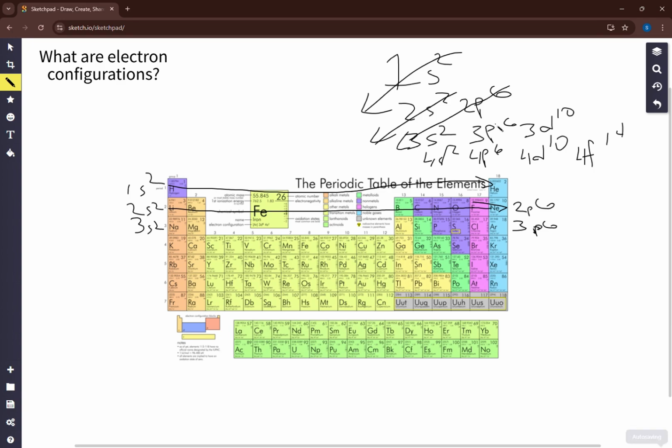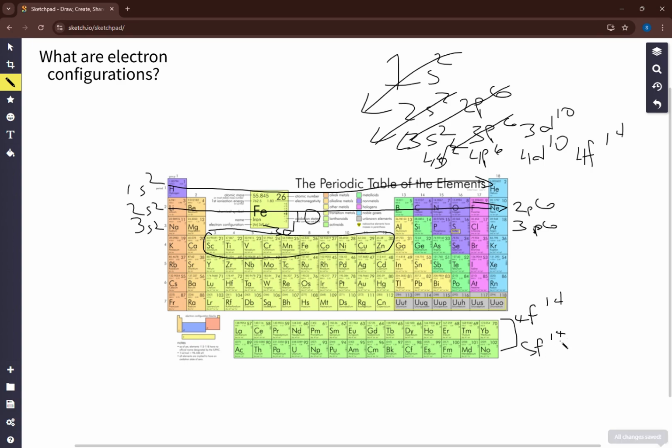We go to 3p6, because the diagonal can go no further. We go diagonal again, and instead of going to 3d10, we go to 4s2. So this is why 4s2 is ahead of 3d10. This over here is going to represent 3d10. And then this over here is going to be 4f14 and 5f14.